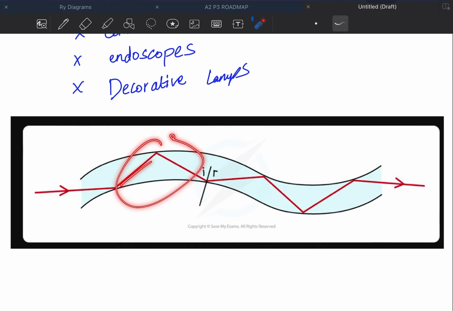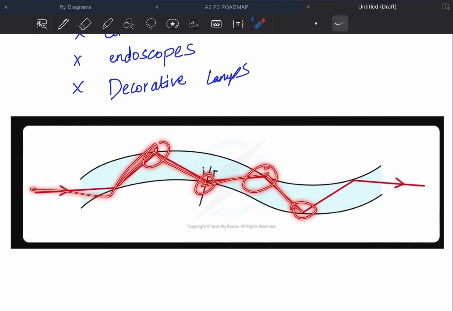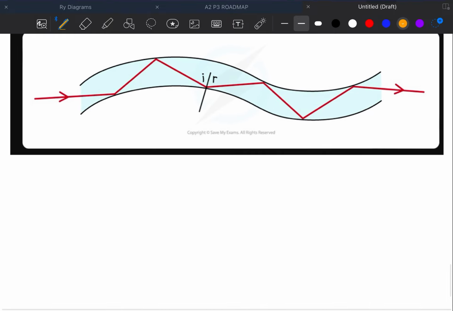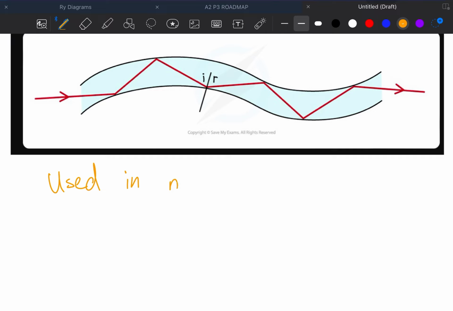This is one edge of the fiber, this is the other edge, and the light rays are being totally internally reflected. Optical fibers are also used in medicine, in order to see inside the human body.